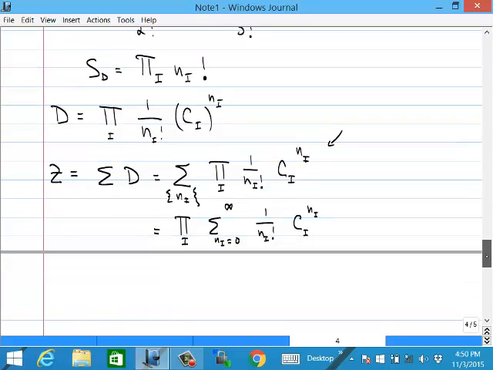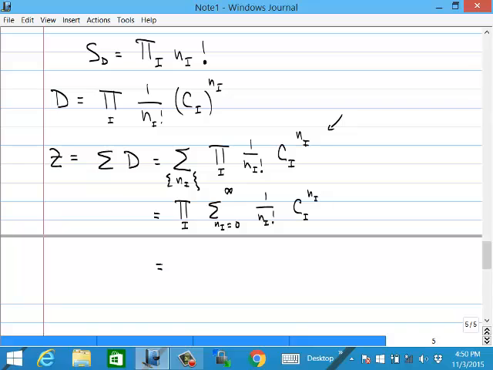Well, that's a sum that you may recognize. It's the product over all connected diagrams of the exponential of the value of that connected diagram. And what is the product of a bunch of exponentials? It's the exponential of the sum. So the full partition function is the exponential of the sum over all connected diagrams of Ci.